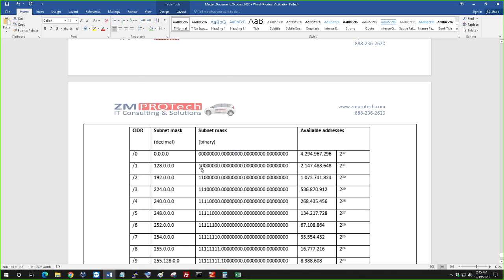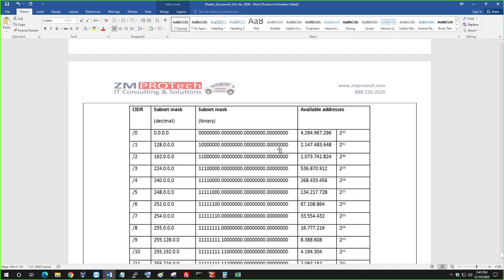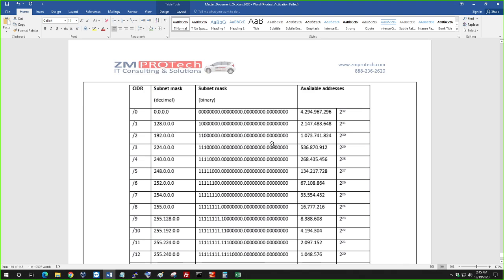That means you're getting about 2 billion IP addresses in that subnet. That's not possible either. It is possible to set up one network here, but it requires every country working together on it.